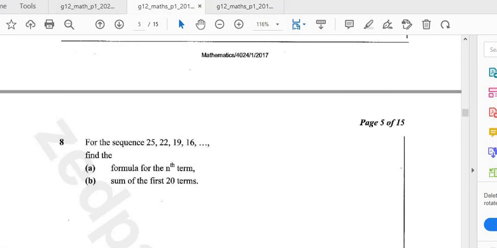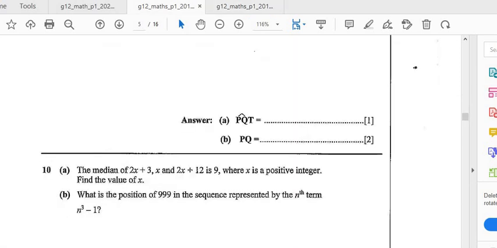We can look at another example, which says, what is the position of 999 in the sequence represented by the nth term n cubed minus 1?